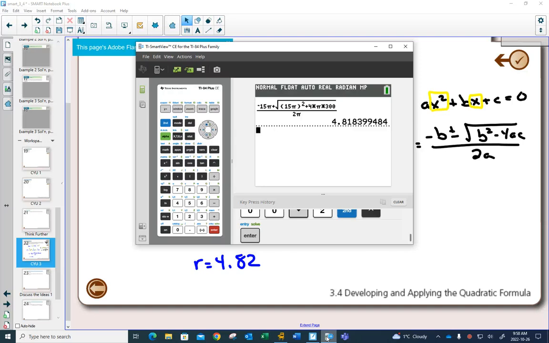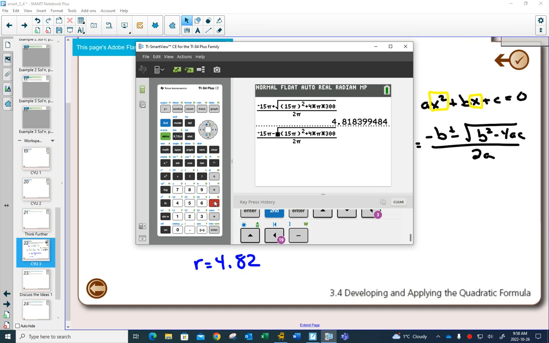And then we also have to retype this in, and instead of the plus sign, do a subtract sign. Because in the formula there's the plus or minus. When you actually type it out, you have to do those separately.